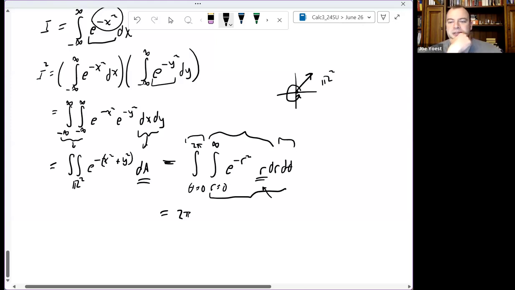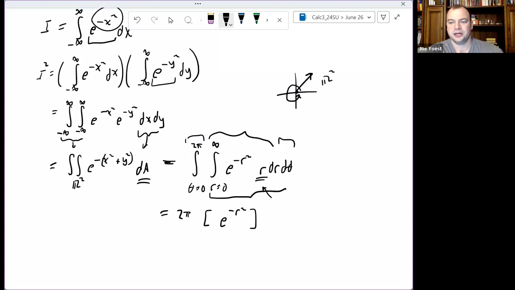And that constant, well, I'd like it to look something like e to the minus r squared. If I differentiate that, I get e to the minus r squared times negative 2r. I need a negative 1/2 to fix that. And I do now have my factor of r, that all-important factor of r that I need to make the substitution work out.